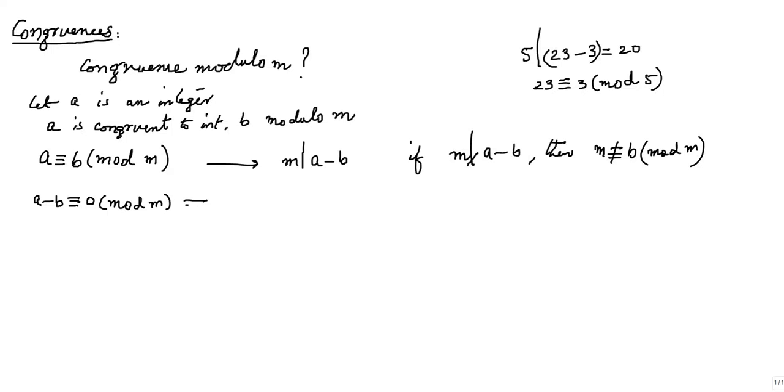So they are the same. A minus B congruent to 0 modulo m, or A congruent to B modulo m. Okay.